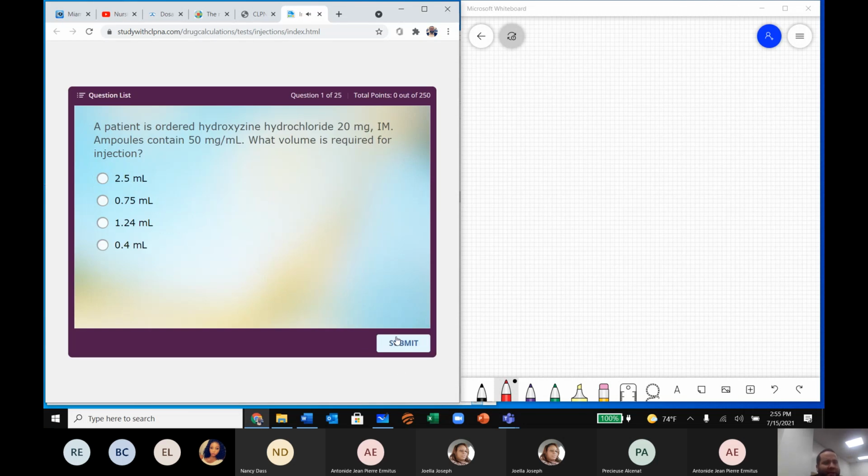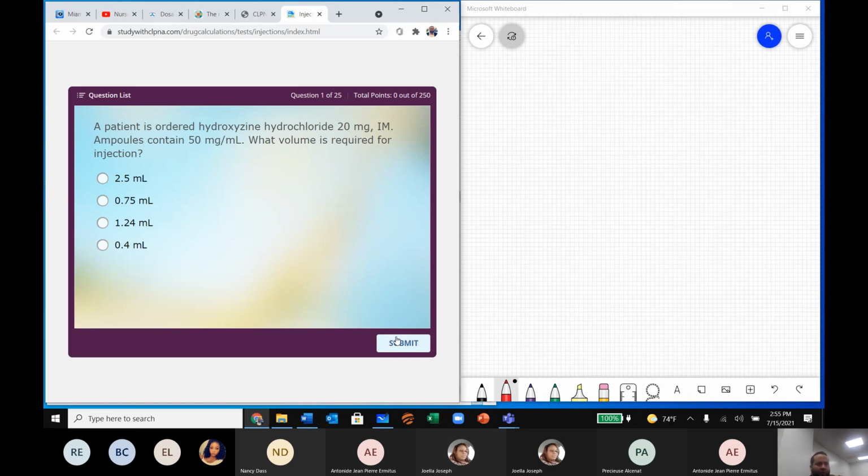Let me start. The first problem says the patient is ordered hydroxyzine hydrochloride 20 milligrams. The ampoules contain 50 milligrams per ml.